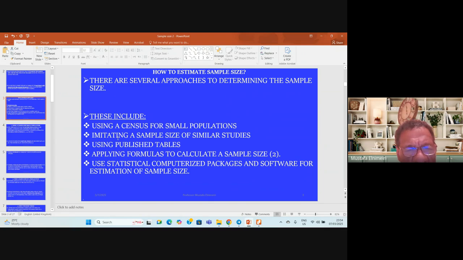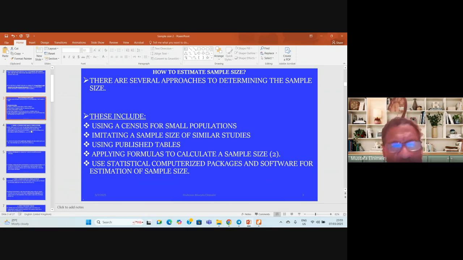We are going to discuss the first four strategies for estimation of the sample size, and in the coming video, we are going to discuss how to use statistical computerized packages and software for estimation of sample size. We can use ABM, for example, to estimate the sample size.